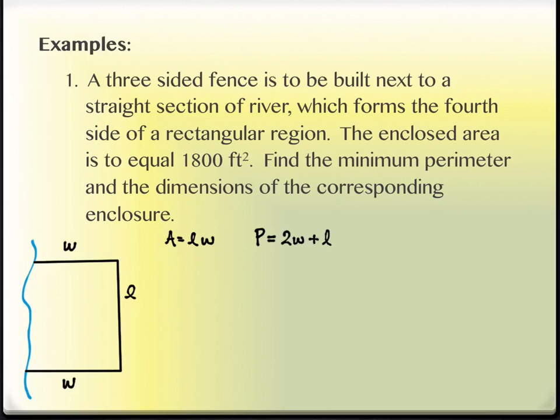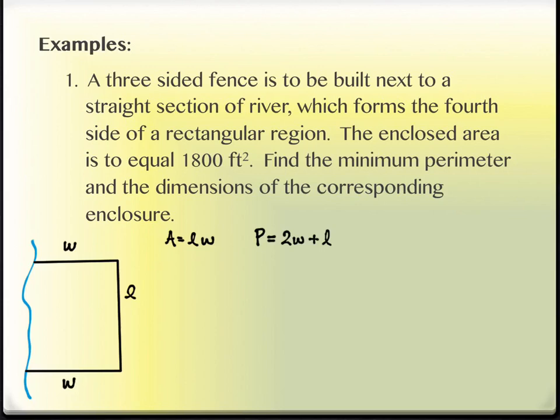And you may not like the phrase that it's called perimeter, because perimeter is supposed to be the distance around all the shape. But if it helps you to think of it, what we're really trying to figure out here is the amount of fencing, right? So if you don't want to call it perimeter, don't call it perimeter. But the fencing itself has to be added up this way. I have 2 W lengths and I have an L length. Okay, so we're good so far.